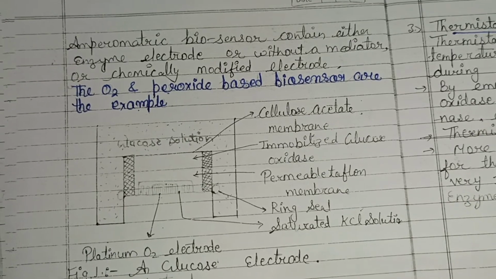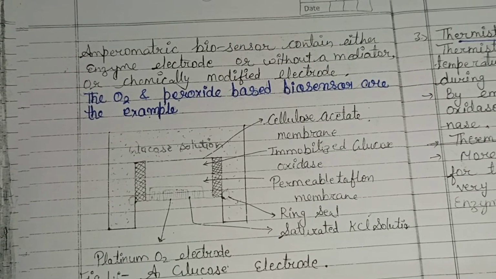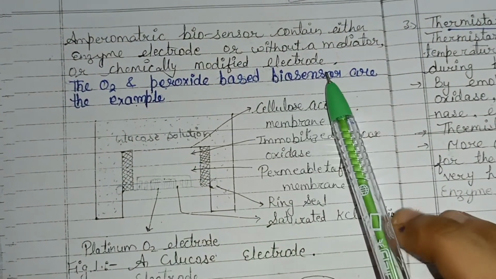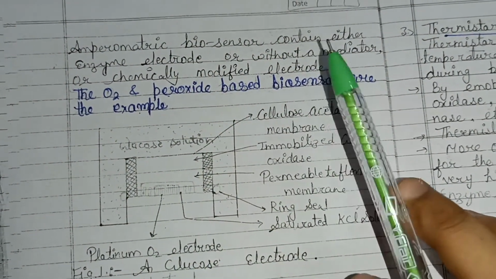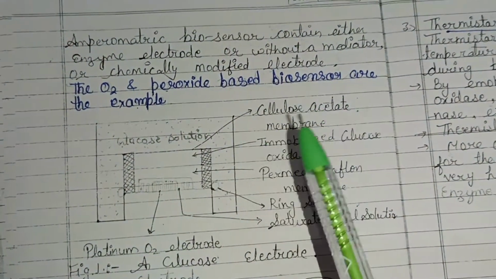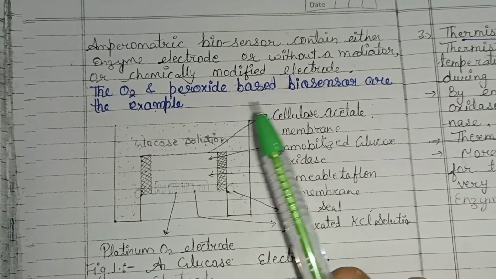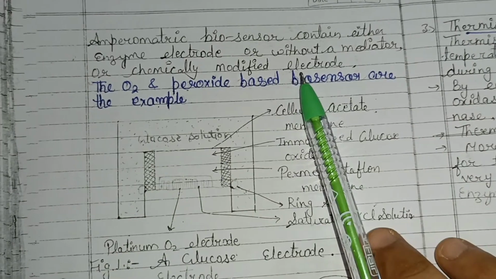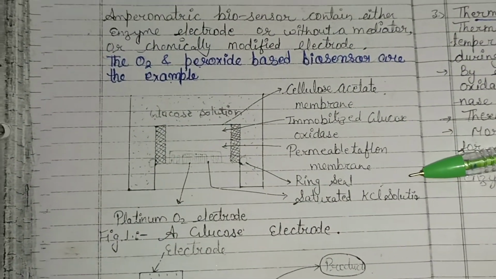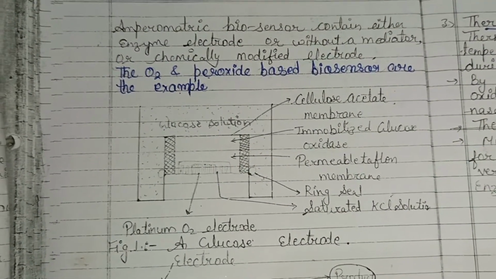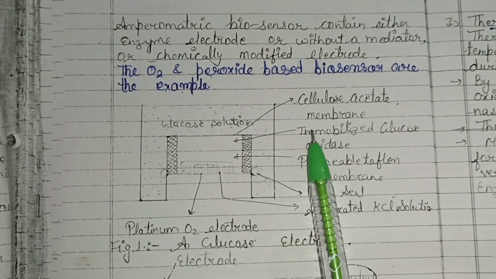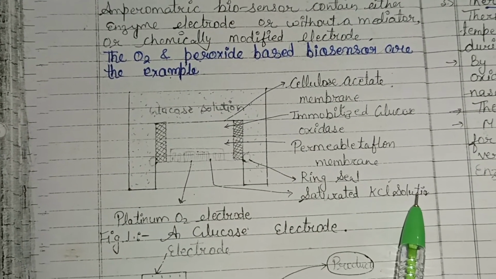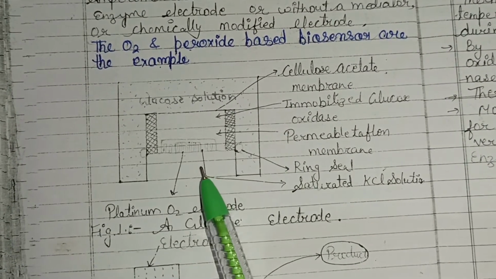An amperometric biosensor contains either an enzyme electrode without a mediator, or a chemically modified electrode is used here. That is, two conditions are there. The oxygen and peroxide based biosensors are examples of amperometric biosensor. So this is a diagram of a glucose electrode. Here glucose solution is used, then the saturated KCl solution which we added here.